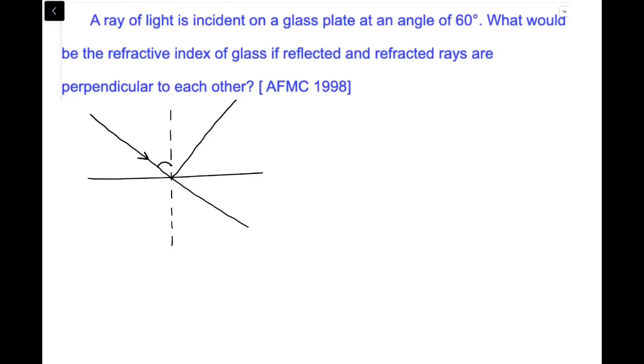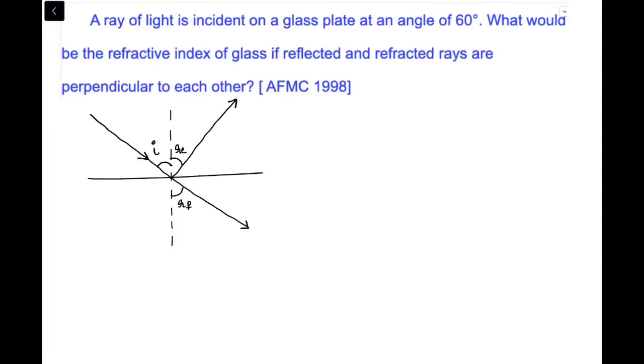So let's write the angle of incidence as I, the angle of reflection as RE, and the angle of refraction as RF. So some part will get refracted, some part will get reflected if it is a translucent material or medium.